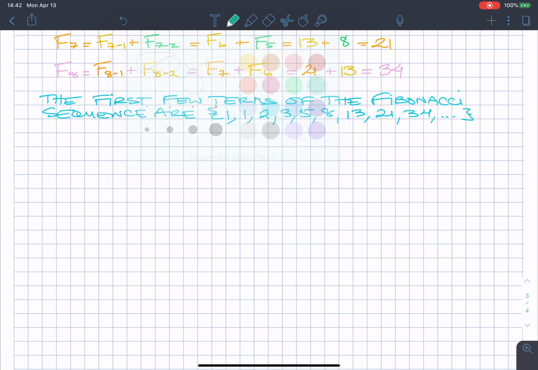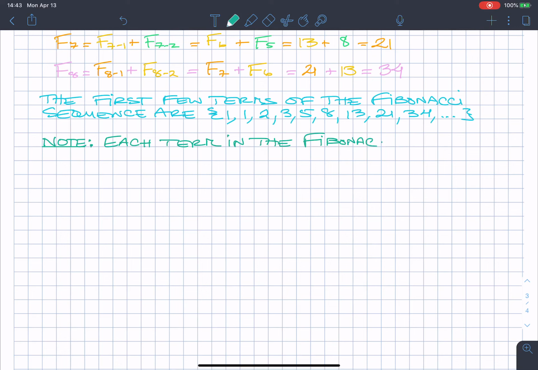So note, basically each term in the Fibonacci sequence is the sum of the 2 previous terms.